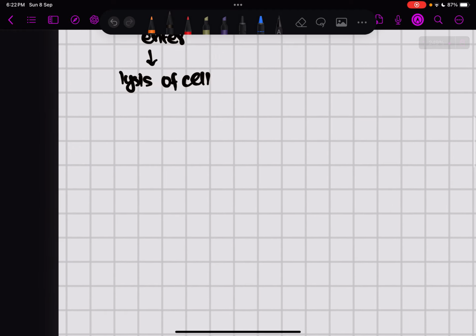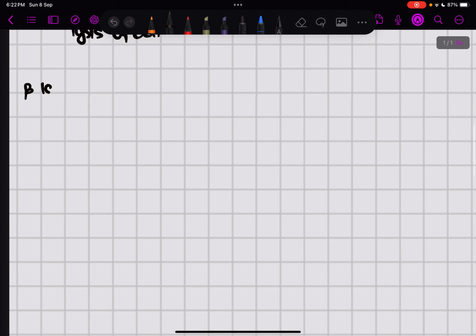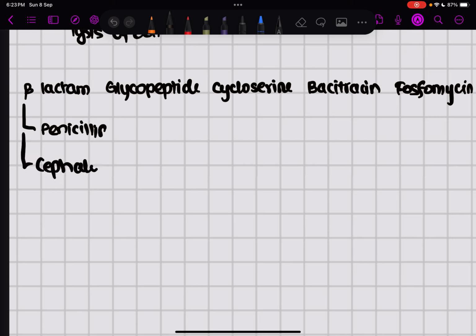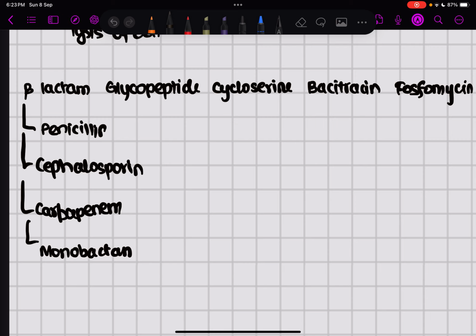Cell wall synthesis inhibitors include beta-lactam, glycopeptide, cycloserine, bacitracin, and fosfomycin. The beta-lactams include four under them: penicillin, cephalosporin, carbapenem, and monobactam.